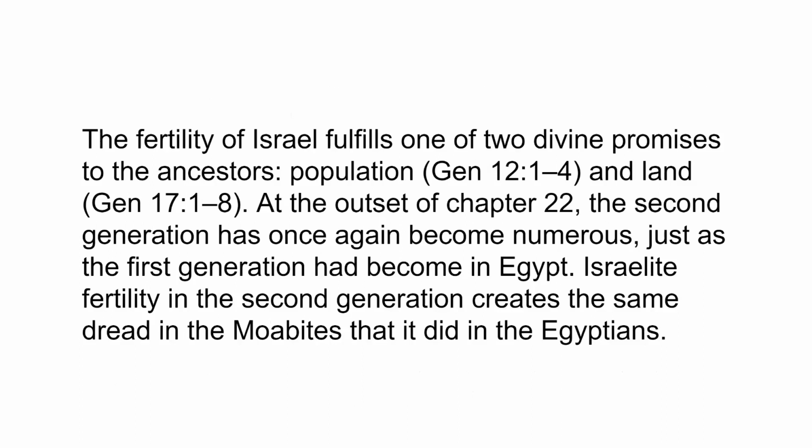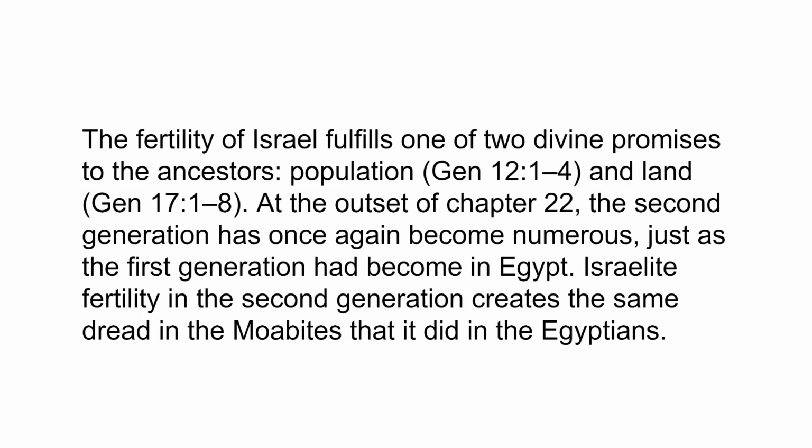The fertility of Israel fulfills one of two divine promises to the ancestors. Remember Abraham, Isaac, and Jacob? The population would grow. In Genesis 12, we heard the promise of the number of descendants more than the stars in the sky, and of land in Genesis chapter 16.